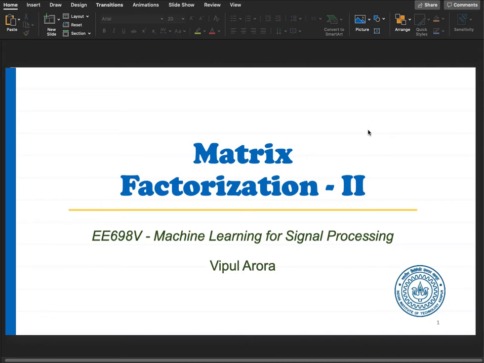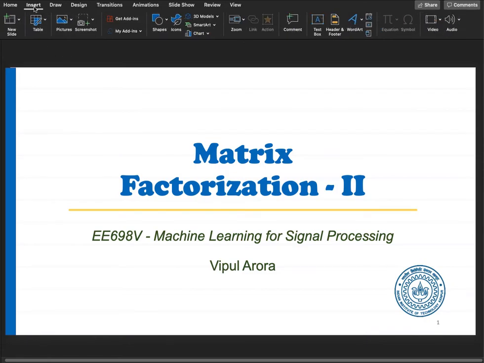Matrix factorization basically means you have a data matrix and you decompose it into something useful, or into two matrices which multiply and you get something useful. I'll just write a general form.